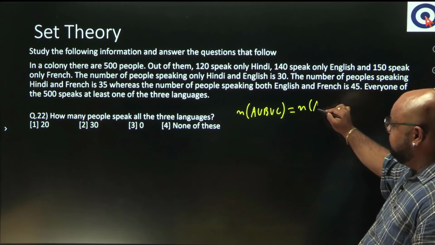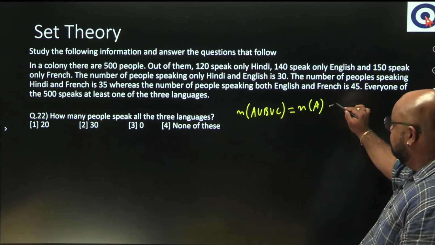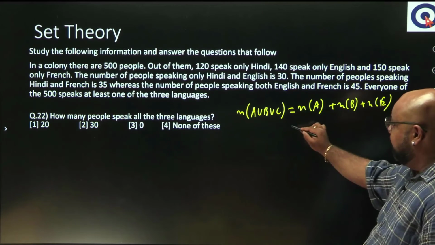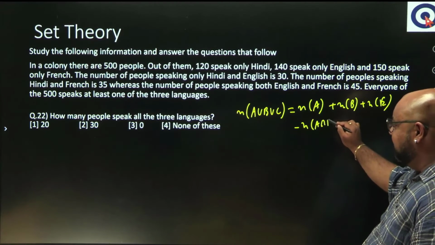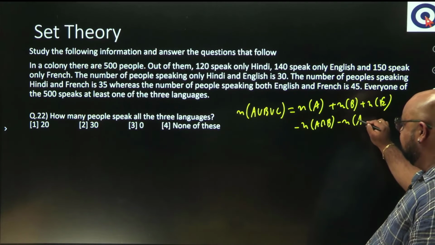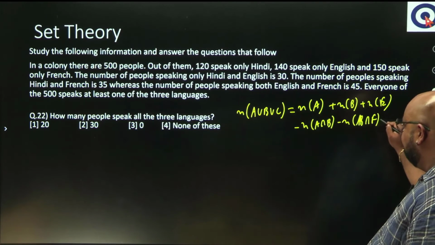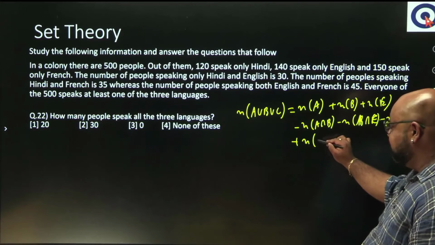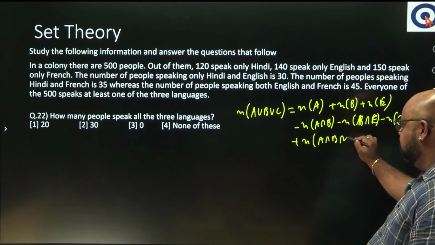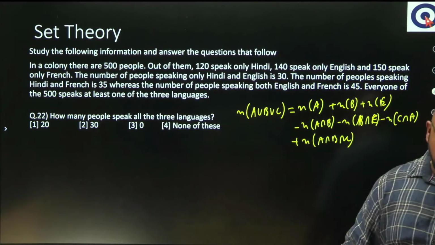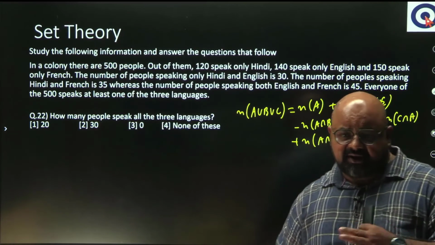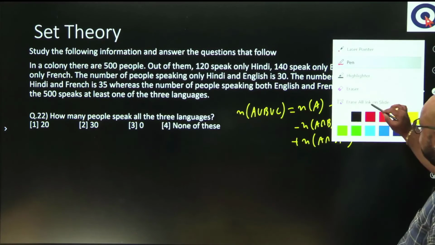Number of people speaking Hindi, the entire circle, plus number of people speaking French, plus number of people speaking English, minus number of people speaking English and Hindi, minus number of people speaking Hindi and French, and so on, plus number of people speaking all 3 languages. This is a formula that can be used. I don't think it will be required for our purpose, but just in case it does come up.